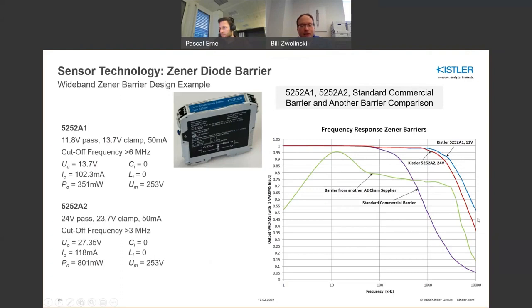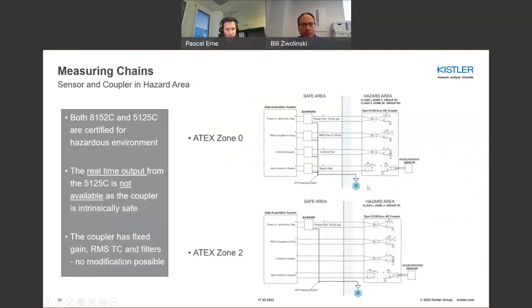So the barrier is not distorting anything to do with your signal, whereas with standard commercial barriers, their bandwidth is nowhere near what you need to really do an acoustic emission solution. So having the right barrier, especially for the raw AE output, is absolutely critical for operation.